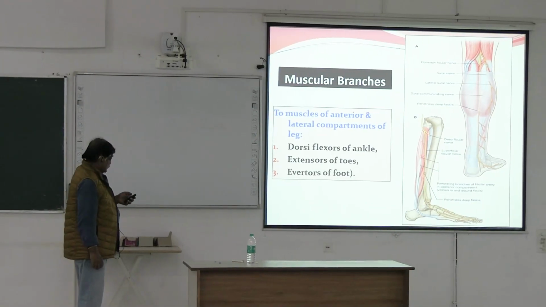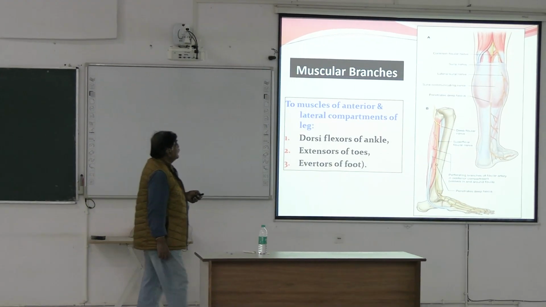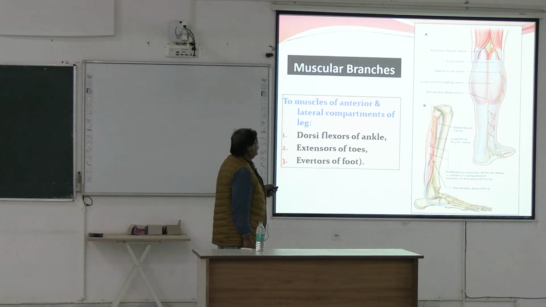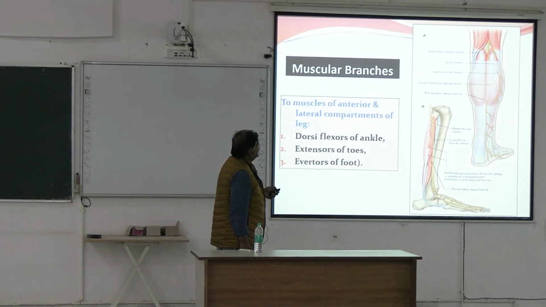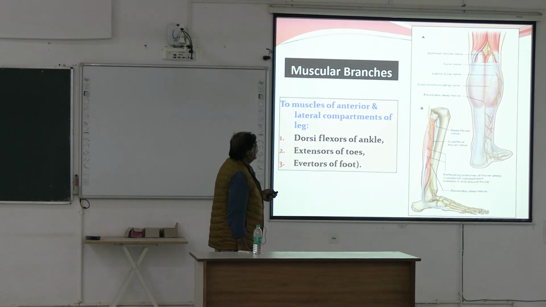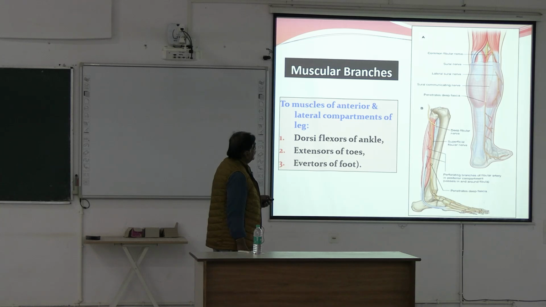Now the muscular branches, see, this is the common fibular nerve. Sural nerve, lateral sural nerve, sural communicating nerve, penetrates the deep fascia and comes like this.